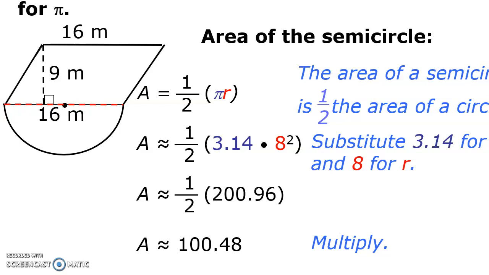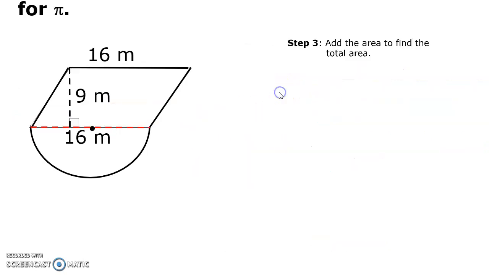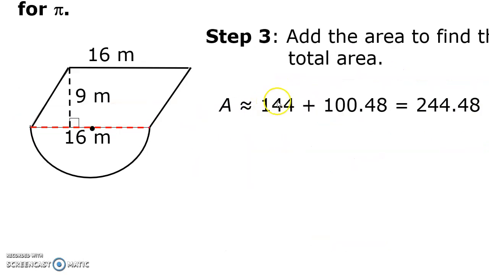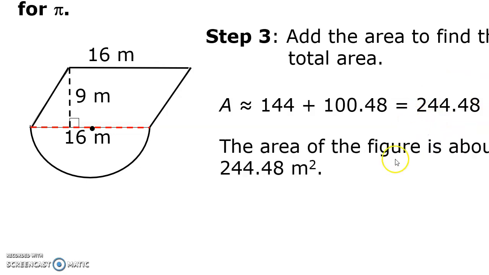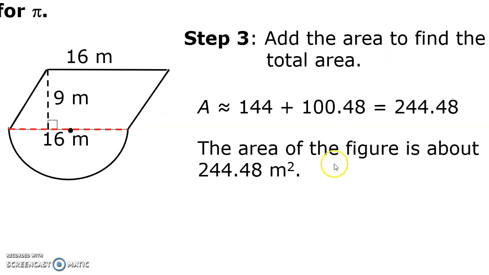Now, what we're going to do is take our area of the parallelogram plus the area of the half circle, and add them together. And we can now find the area of the composite irregular figure. So the area is about 244.48 meters squared.